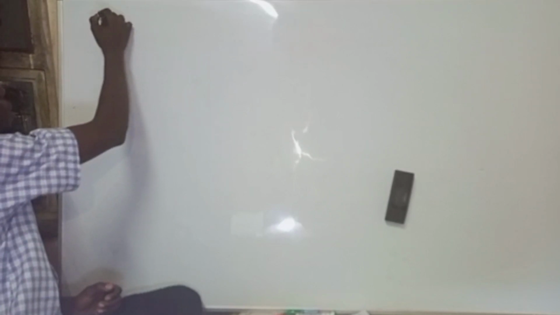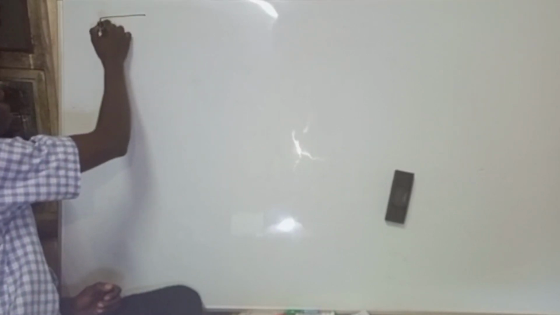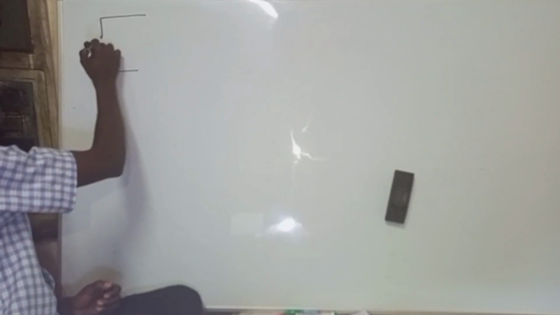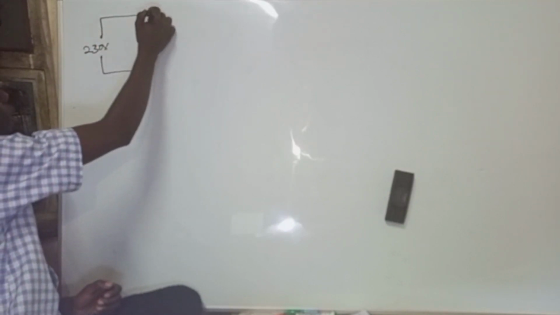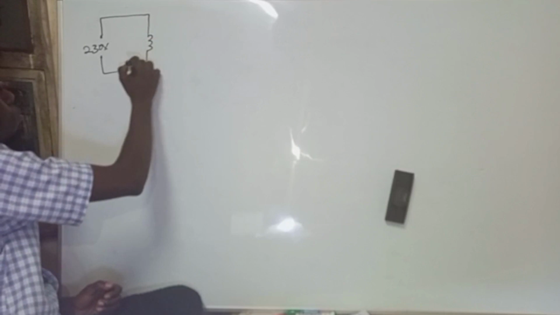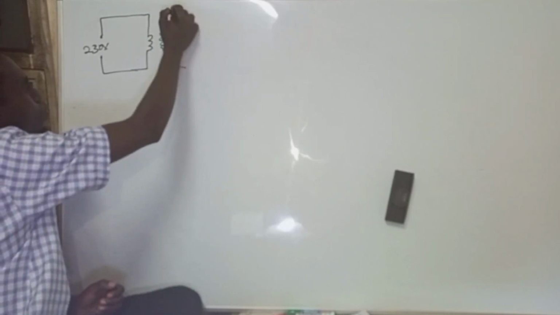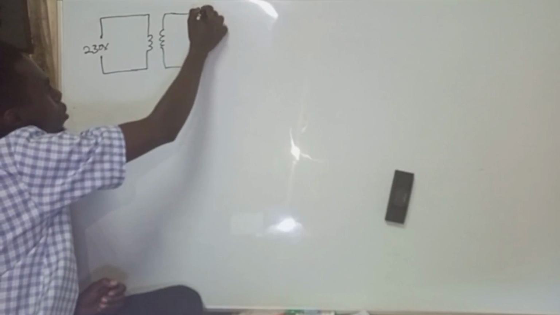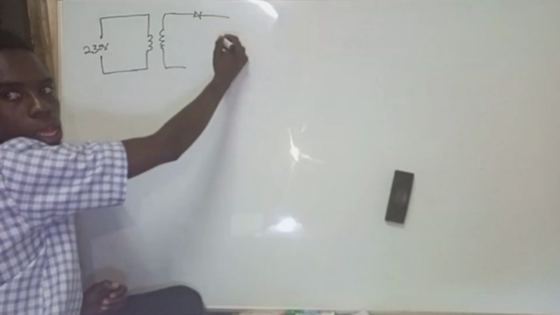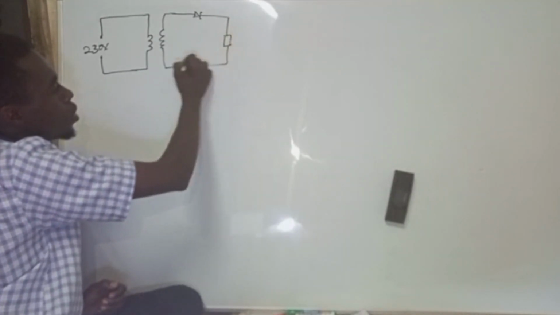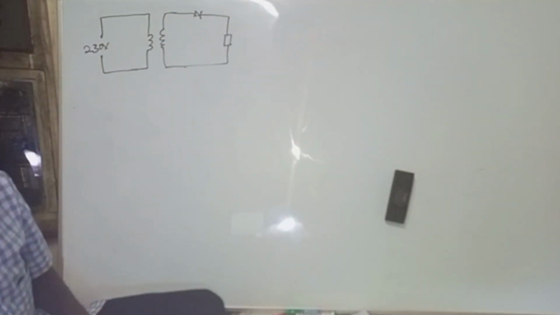So this is our circuit, and the voltage across this is 230 volts. It goes to a transformer, and the output is connected to a diode and to a resistance, a load that we don't know yet.